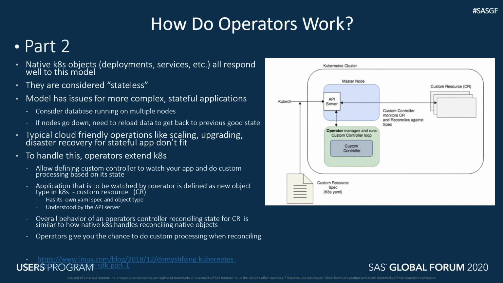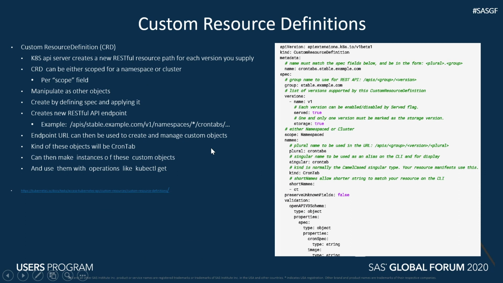So the overall behavior of an operator's controller, a controller that you write as part of an operator, is similar to how native Kubernetes handles reconciling those objects. Operators give you the chance to do custom processing when you're reconciling things. On this slide, you'll see an example of a custom resource definition.